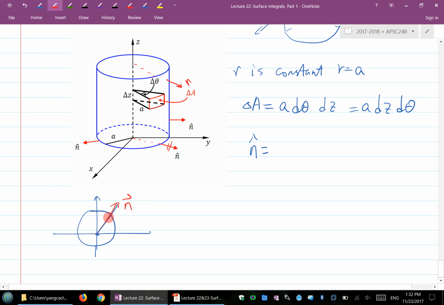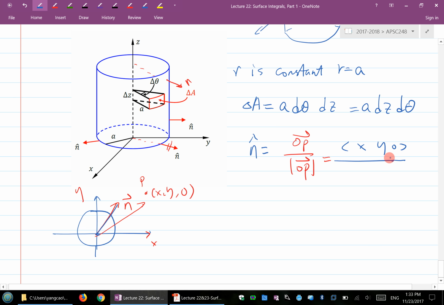Let's say I pick a point inside the xy plane, a point x y here, but I'll put a 0, still considering 3D here. Then n hat will be OP divided by the OP norm, where OP is x y 0, divided by the length of OP.